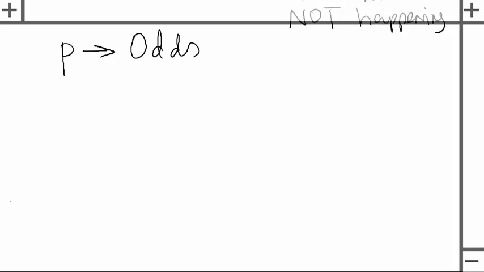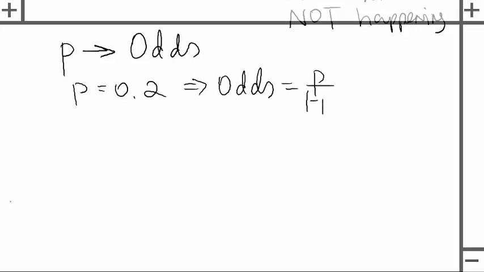All right. So, for example, let's say probability of something is 0.2. Okay, that's the likelihood of me getting a B on the next test. Okay, what are the odds of me getting a B on the next test? Okay, so odds, I can easily compute odds like this: P divided by 1 minus P, right?